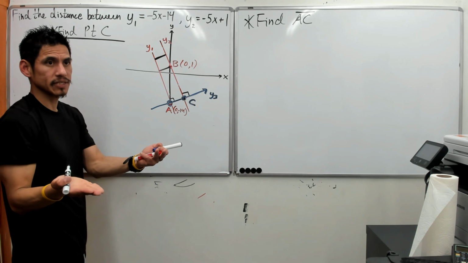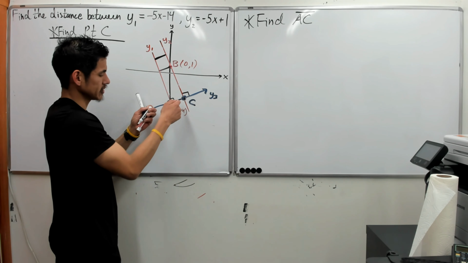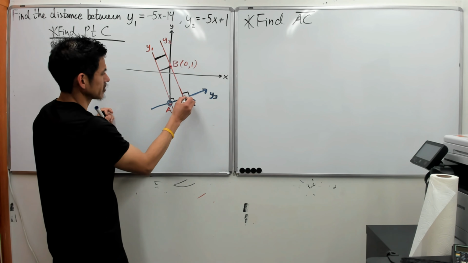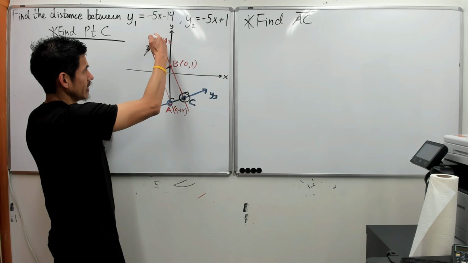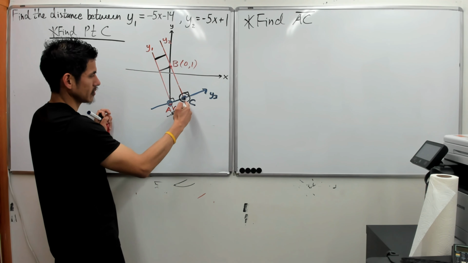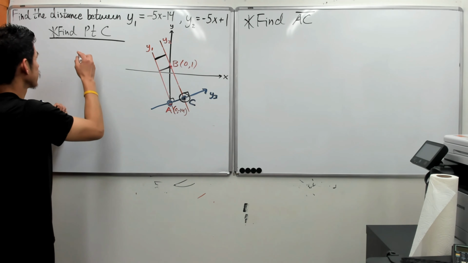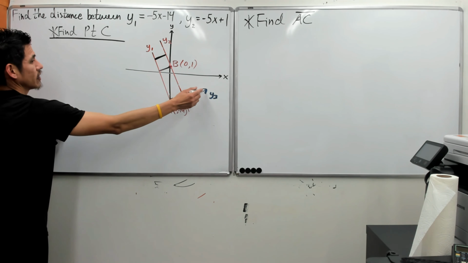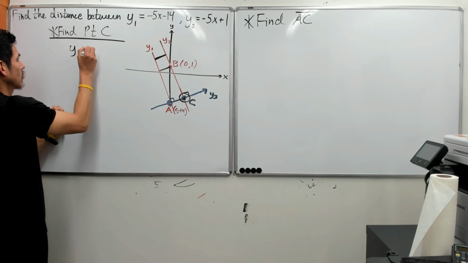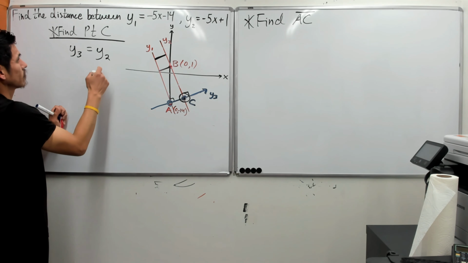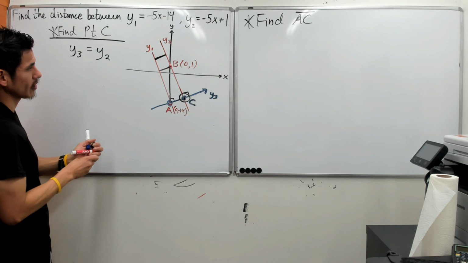The idea is to understand that point C is the point of intersection of Y3 and Y2. So to figure out where C is located, you're going to set Y3 equal to Y2. Now we have to figure out what Y3 would be.